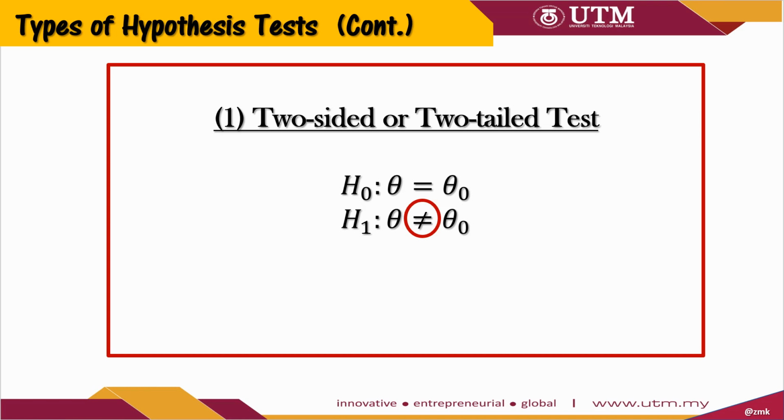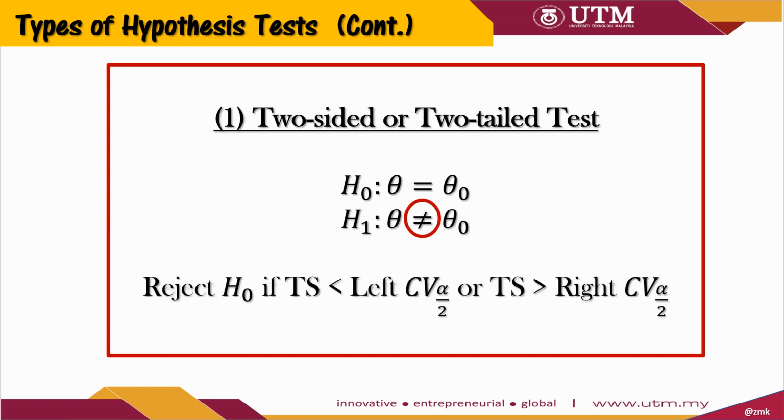We then write the decision rule. Reject H naught if the chosen test statistic denoted by Ts in this slide is less than a left critical value at alpha over 2, or if the test statistic is greater than a right critical value at alpha over 2.